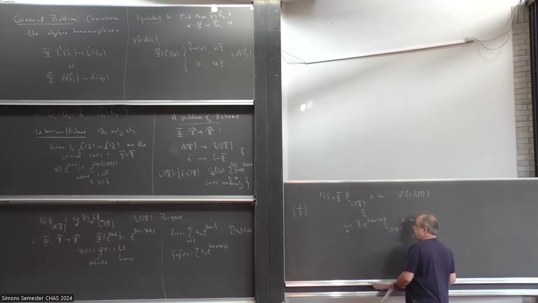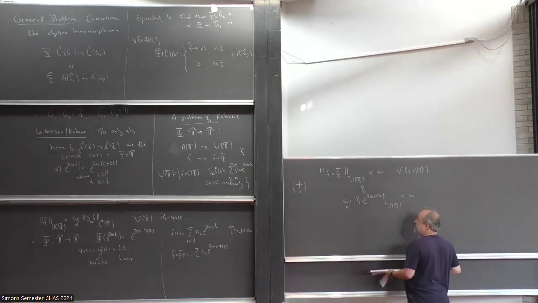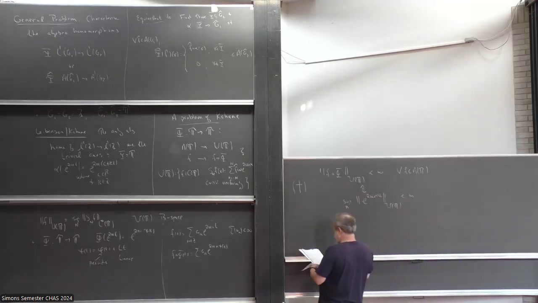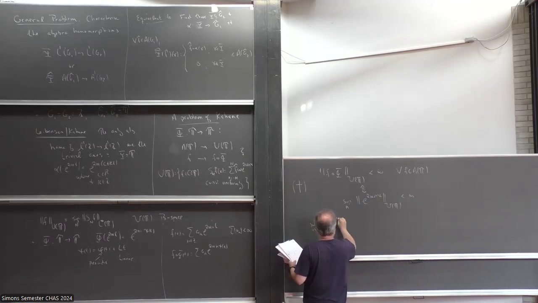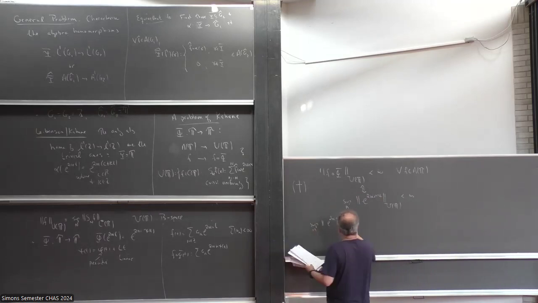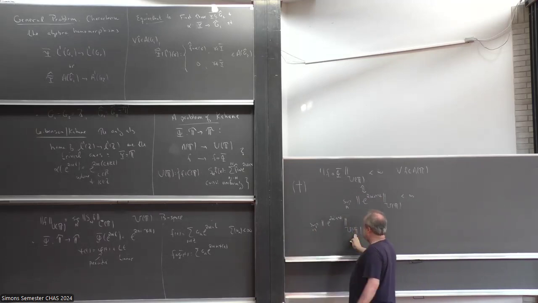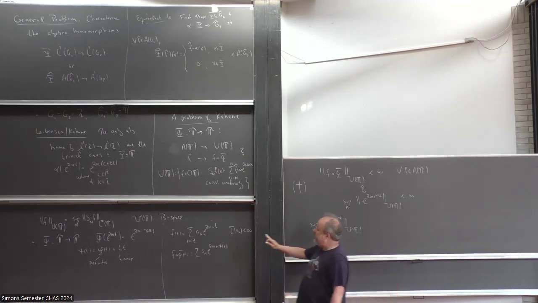Let's look at the left-hand side. I take the supremum in little n. I'm looking at this pure oscillation, e to the 2 pi i n of psi, and I have this uniform norm, which is given in terms of a supremum. Let's look where it is.